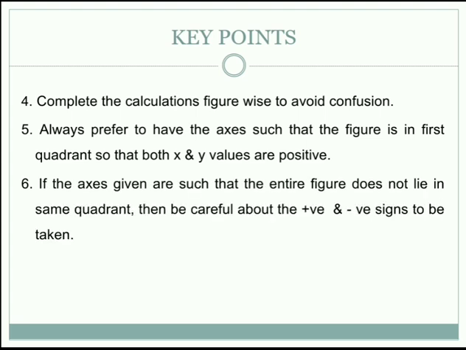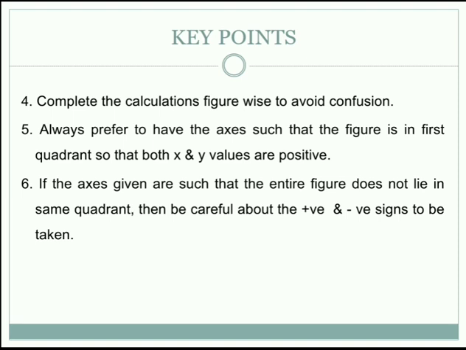Next, if the axes of reference are such that the entire figure does not lie in the same quadrant, then be careful about the positive and negative signs to be taken. In the first quadrant both x and y will be positive, but in the second quadrant x becomes negative whereas y remains positive. In the third quadrant, x becomes negative as well as y.